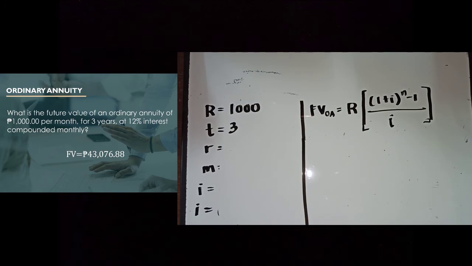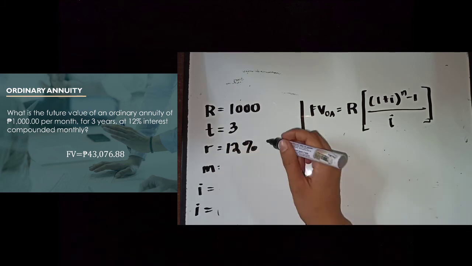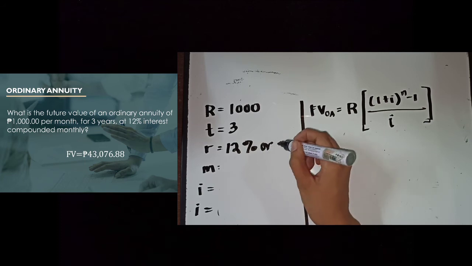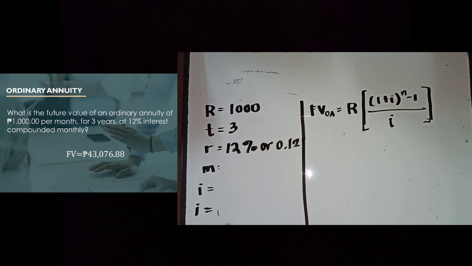And 12% interest, that is the value of our R, so 12% or 0.12. What is the value of our M? Compounded monthly. Kapag compounded monthly, the value of your M is 12, because we have 12 months in a year.